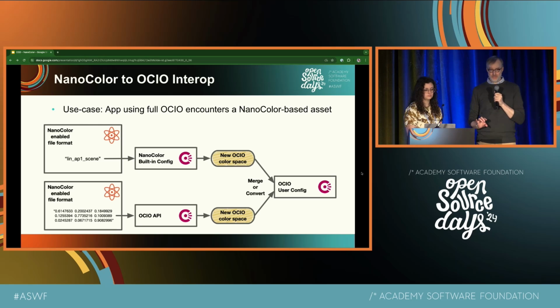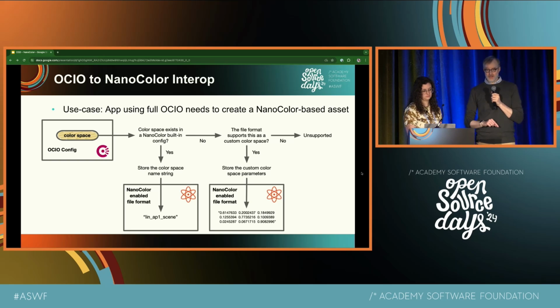If it's a custom color space, there would be parameters that would be passed into the OCIO API. In either case, the result is a new color space that would be either merged into the in-memory version of the user config, and this is a new feature that we're working on adding to OCIO, or another option, which already exists, is for the application to convert from the original color space into a color space in the user config.